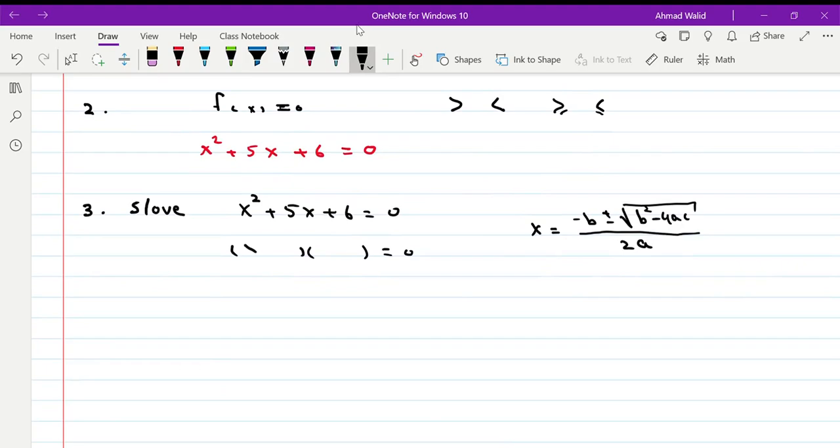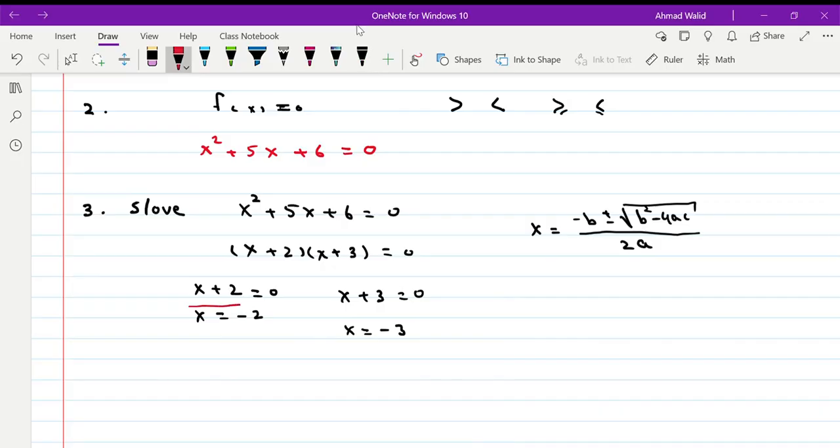Here, for example, x and x, two numbers that multiply to give positive 6 and add to give 5. Of course, they're x plus 2 and x plus 3. Then x plus 2 equals 0, from here you can say x is equal to negative 2. x plus 3 equals 0, from here you can say x is equal to negative 3.